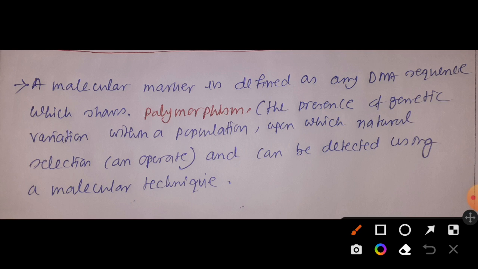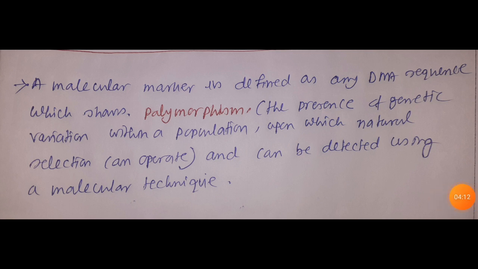The sample can be easily isolated from both individuals, and you can easily test them in the laboratory at minimal cost. So molecular markers are samples that can be easily isolated and tested in the laboratory at low cost, and they help us determine the differences between two individuals of the same species.